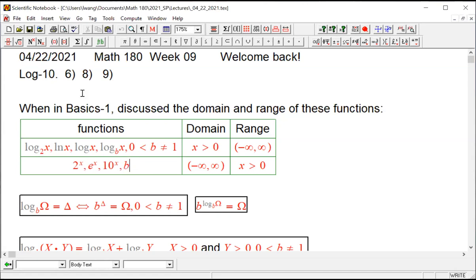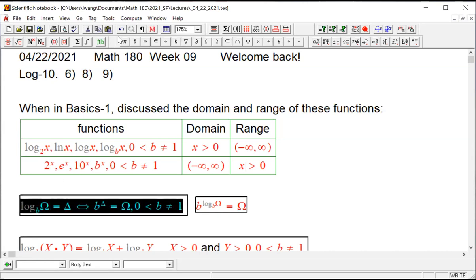So b to the power x is another function, which also has the same domain and range. You follow me? And of course, this b also satisfies the same requirement. So now we see this will be reflected in the definition, as I said earlier.